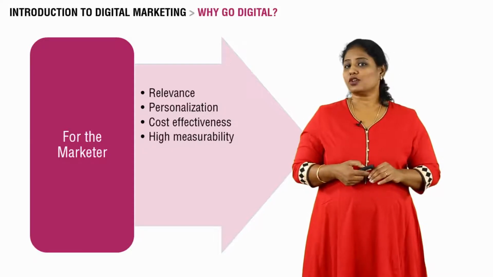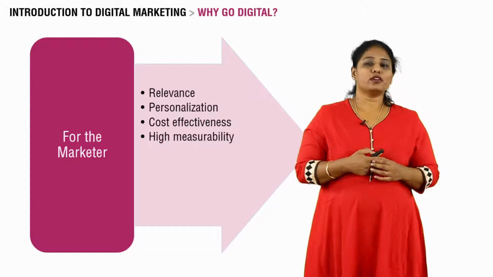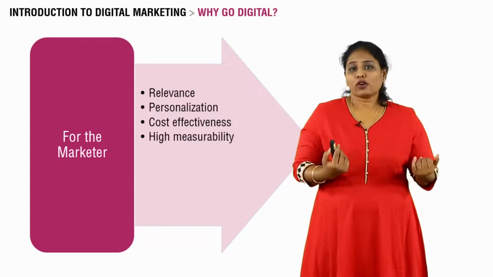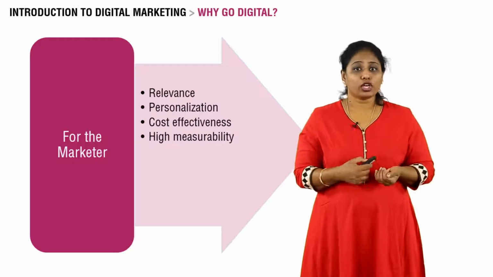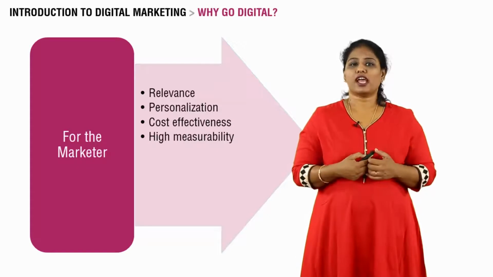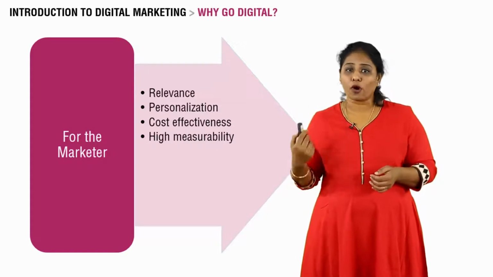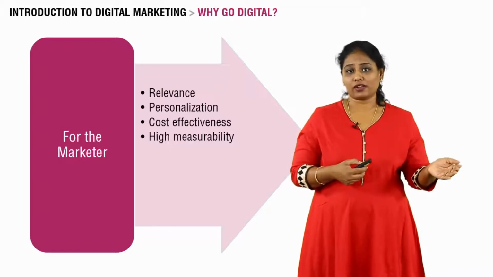The digital media is also an extremely measurable media. Going back to the example of the road and the hoarding, you may not have an exact count of how many people actually saw the ad on that hoarding. You will not know how many people went into your store because of that hoarding. And you will never know how many people bought that particular item because of what they saw on that particular road.